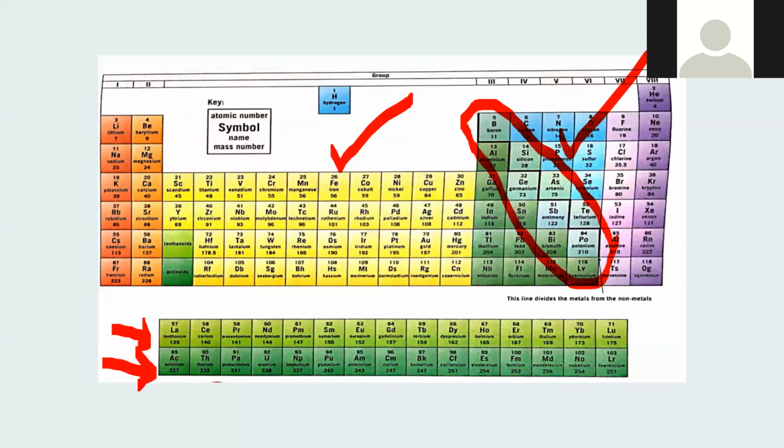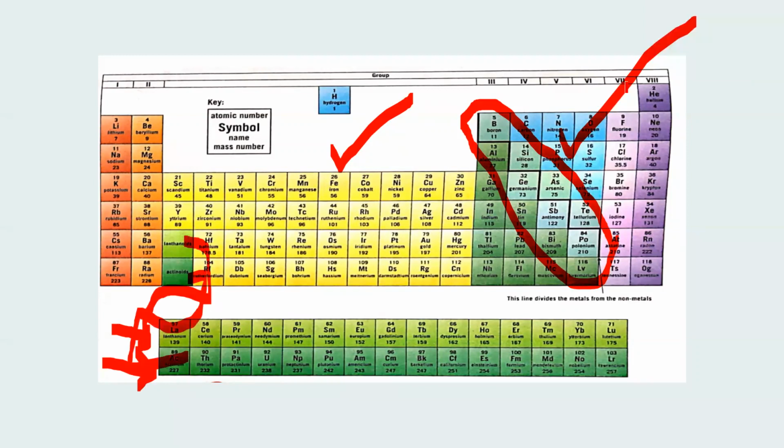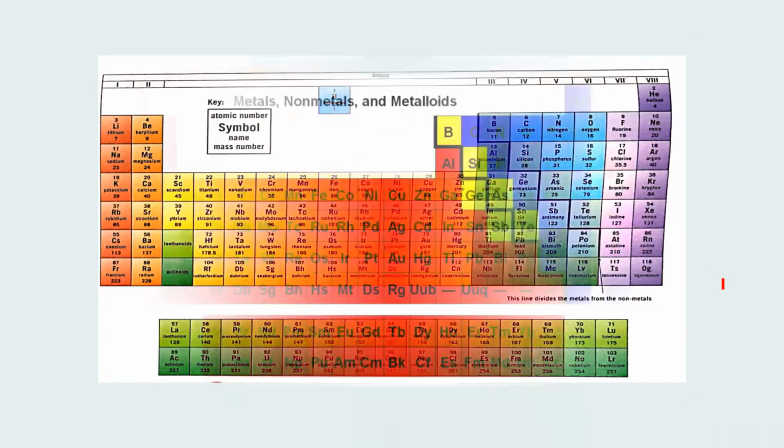You will discuss such things in your later classes. The lanthanide series starts from this point, and the actinide series starts from this point. These are additional elements that were discovered with the passage of time. Clear? Okay, sir.